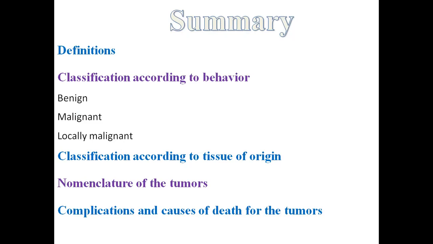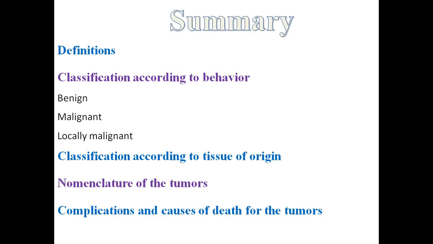And we know that complications and causes of death for tumors can differ from malignant to benign, with most causes of death in malignant tumors. However, sometimes benign tumors can be serious if they arise in a critical site, like in the brain or in the airway. And we now know that benign tumors may sometimes turn into malignant.